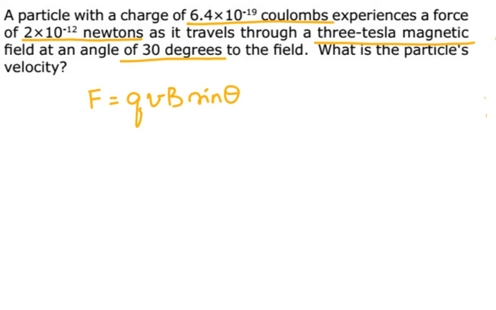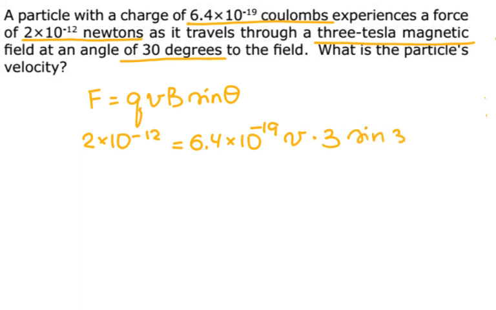The force is given, which is 2 × 10^-12. The charge is given, 6.4 × 10^-19. The velocity is what we are looking for, the field is 3 Tesla, and the angle sine 30 is 1/2. So the velocity is equal to 2 × 10^6 meters per second.